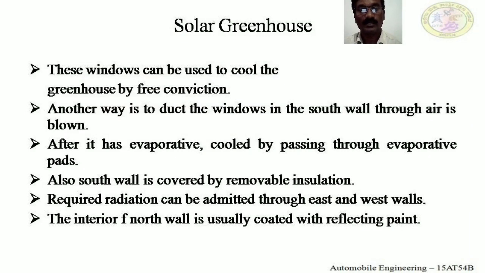Another way is to duct the windows in the south wall through which air is blown, after it has been evaporatively cooled by passing through the evaporative pads. Also, the south wall is covered by removable insulation.